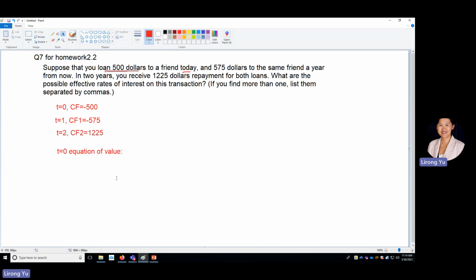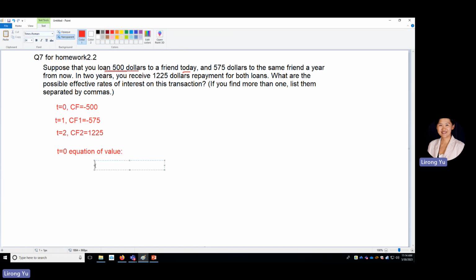At time 0, the negative 500 is negative 500. But the negative 575 is the value at time 1. It has a lower value at time 0, so it's got to be discounted. So you divide by 1 plus I, the interest, to the power 1.